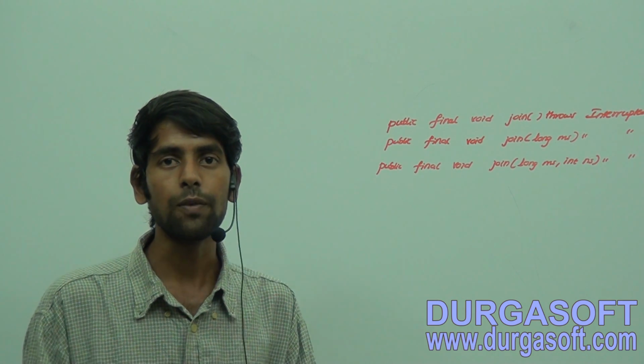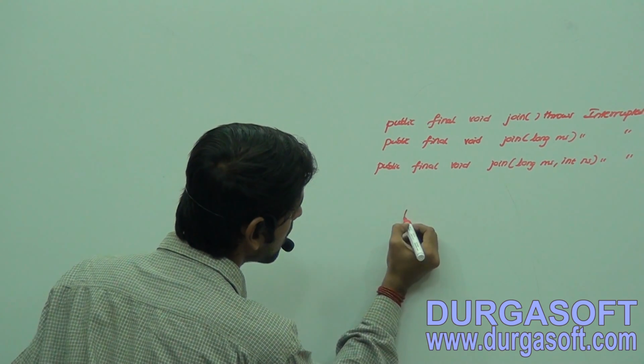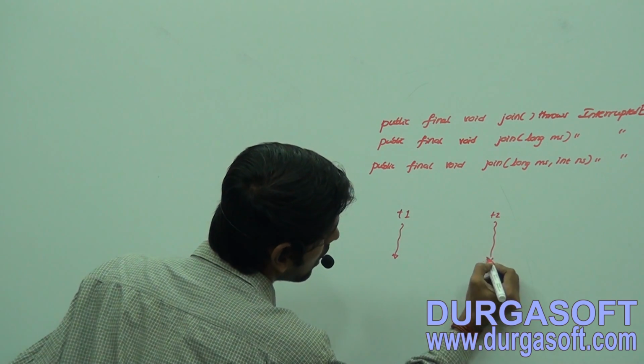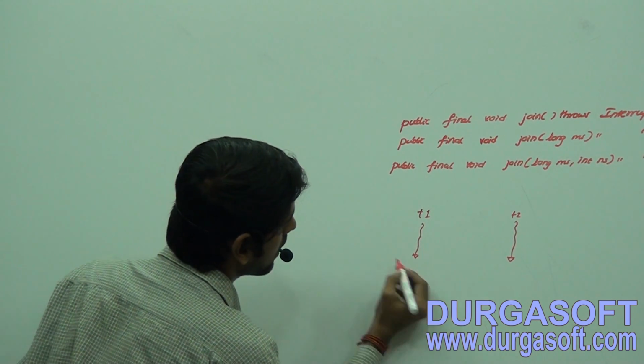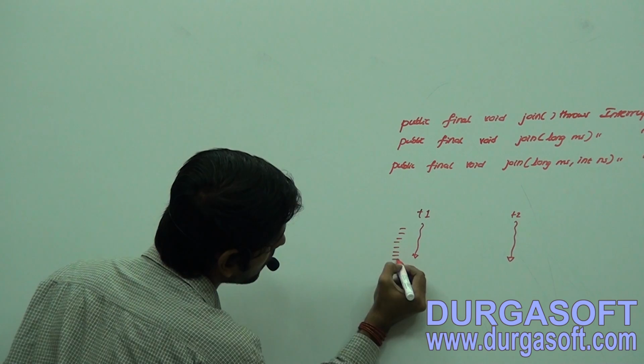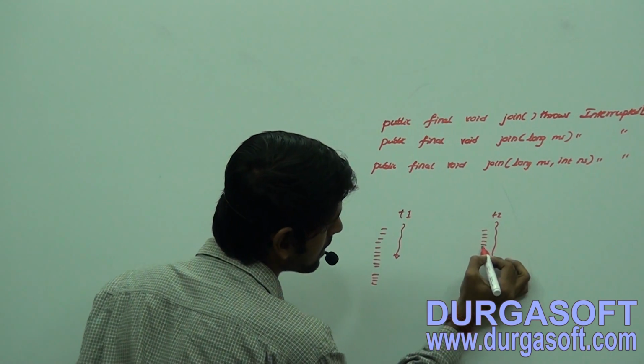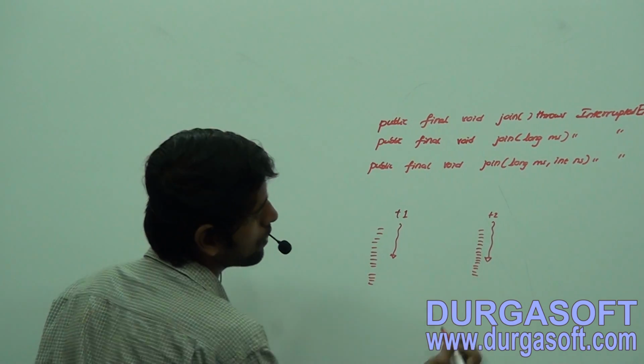Meaning, if there is a thread T1 and a thread T2, and T1 has to wait. Think of it as the implementation of T1 having some lines, and T2 also having some instructions. Please don't get confused with these statements.